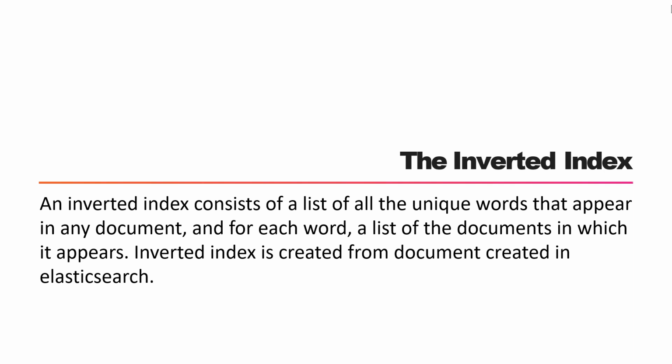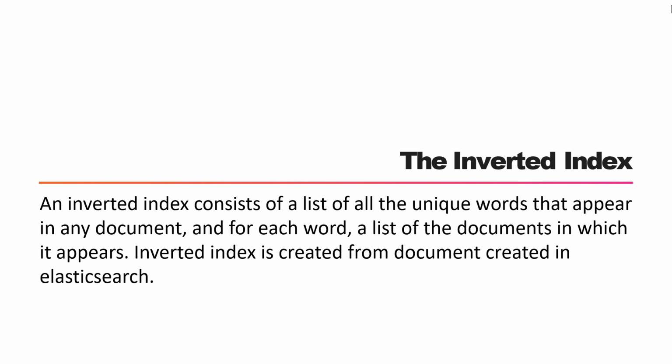So each line is considered to be one document. The line can have multiple fields also, like source, destination, HTTP response, and so on. So remember, the document has a very broad definition. Each URL also can represent a document.